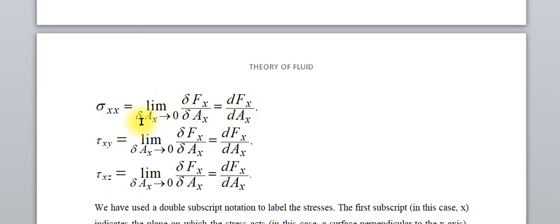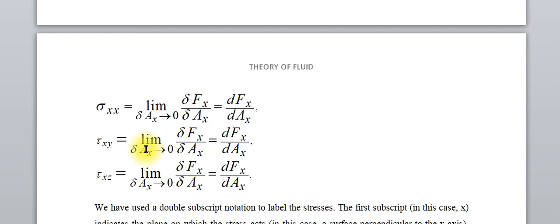Now taking the limit as delta x tends to 0, because this shows that you are studying something at a point, and from the point we can apply calculus. So you will have this dFx by dx.